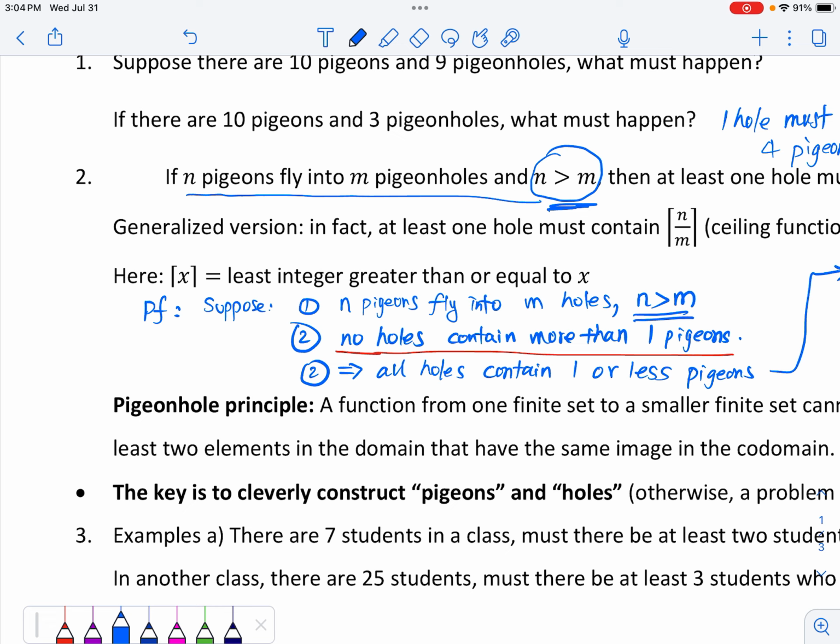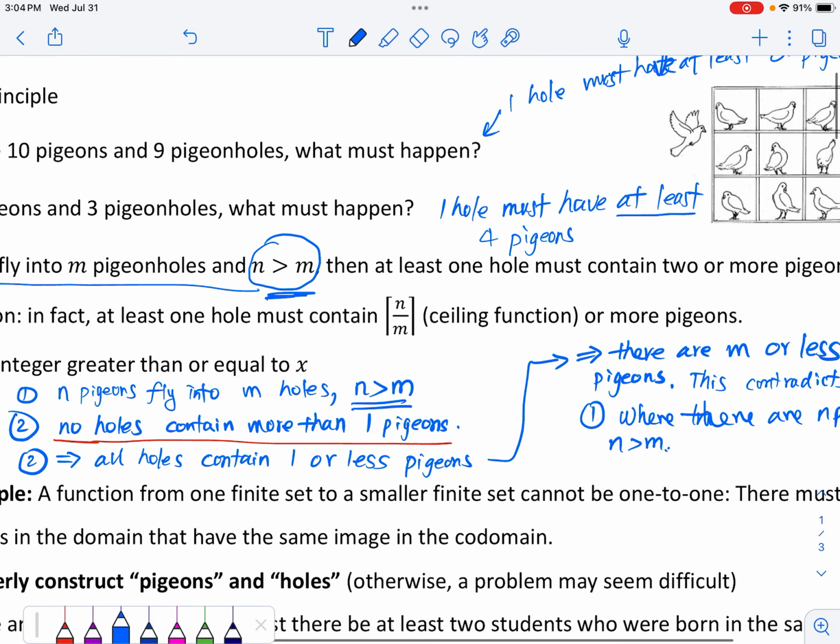For instance, the ceiling of 1.1 is going to be 2. By the way, this is different from the floor function. The floor function is the greatest integer less than or equal to x. You're going to ignore the fractional part, so that's equal to 1. The ceiling rounds up to the next integer. So for 1.1, the next integer is 2, and 2 is the smallest integer that's greater than or equal to 1.1.